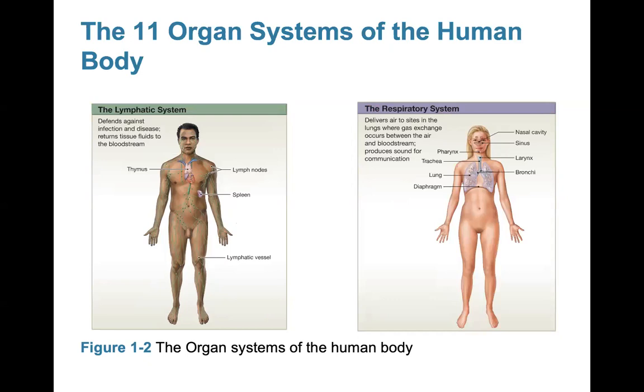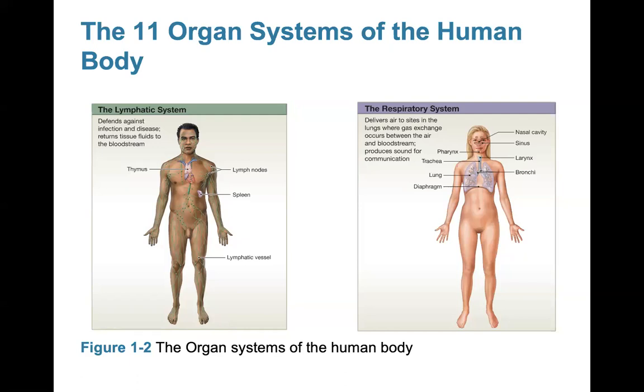The lymphatic system, this defends against infection and disease. It returns tissue fluids to the bloodstream, and this will include structures like the spleen, the thymus, and various lymph nodes and lymphatic vessels. The respiratory system, this delivers air to sites in the lungs where gas exchange occurs between the air and bloodstream.